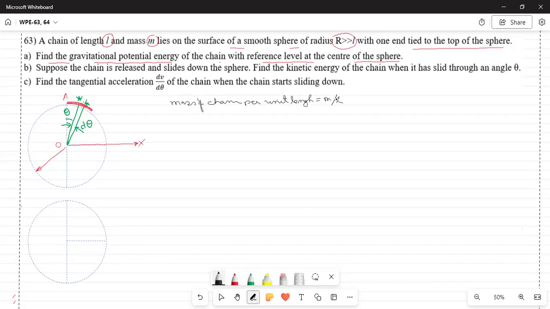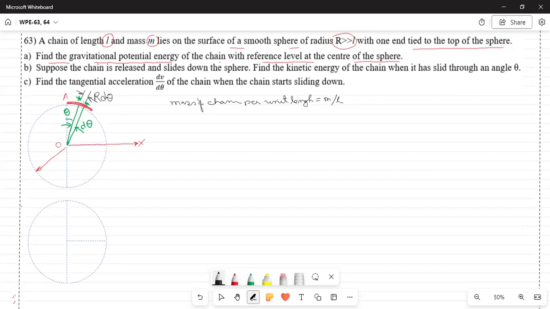And what is this length? From your knowledge of geometry, this length is r d theta, where theta is always expressed in radian. This length is r d theta.